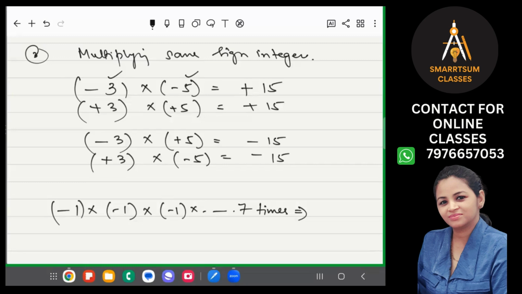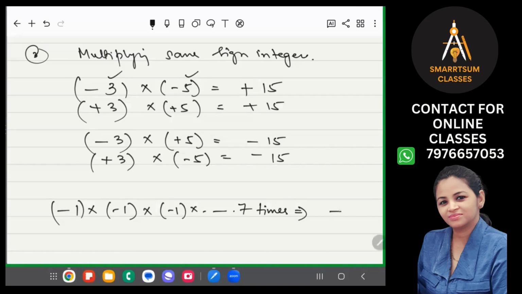Rashmika: ma'am, you'll get the same sign since it's a minus number. Minus 1 or plus 1, what will you be getting? Minus 1. Samarth: sorry, ma'am, minus 1.